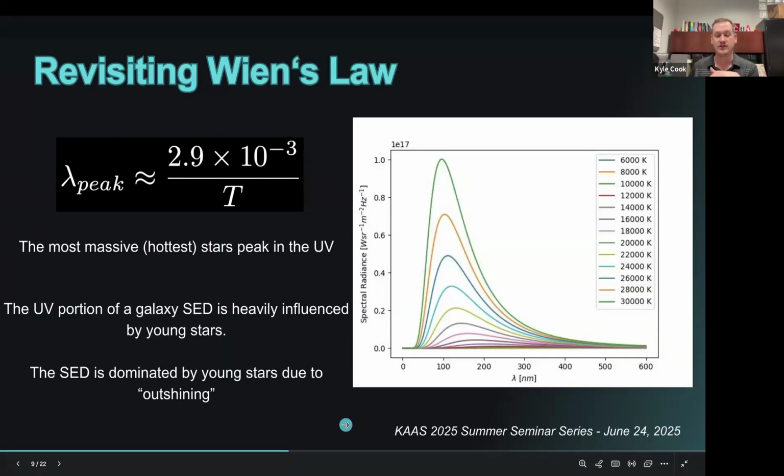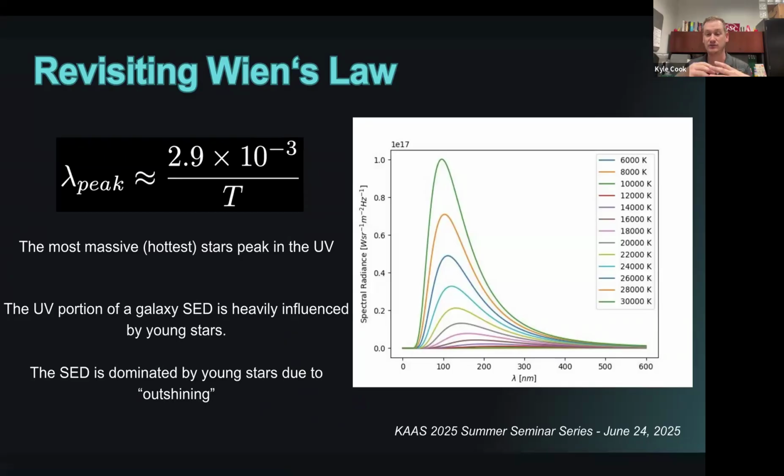There is an additional point here, this idea of outshining, because our massive stars are so much brighter. What happens is when we're looking at distant galaxies, and we want to understand what's happening with stars to pick out all their stellar mass, we can't really see the light from the less massive stars, the fainter stars.